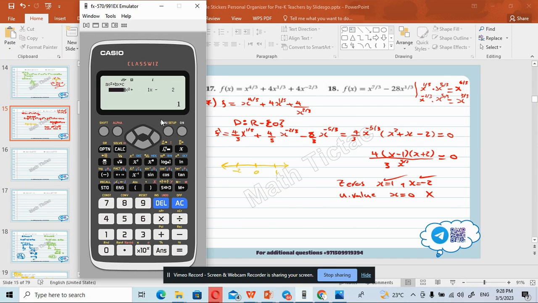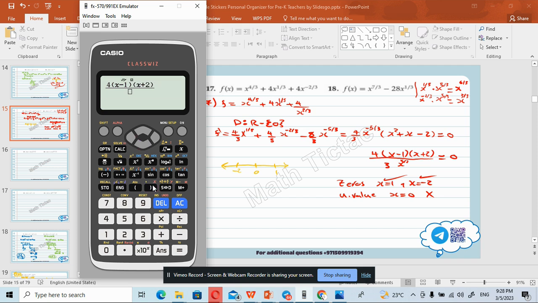So let's write the derivative: 4 multiplied by x minus 1, then multiplied by x plus 2, and close this.